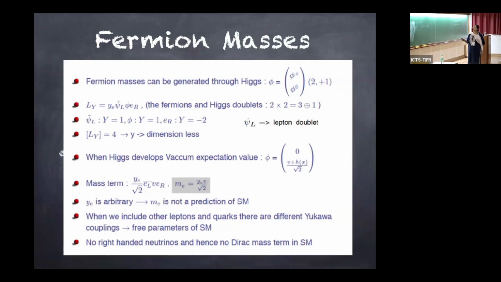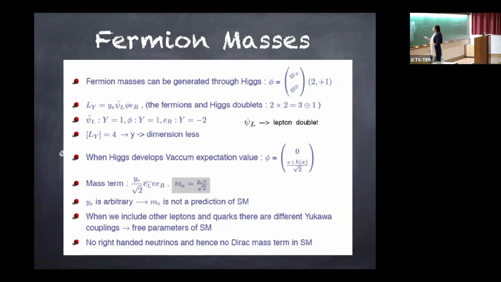So from there you can get that this Y is +1, right? Now the procedure of mass generation in the standard model is through the Yukawa coupling and the spontaneous symmetry breaking mechanism. So we can write a term like this in the Lagrangian, psi L bar phi ER.